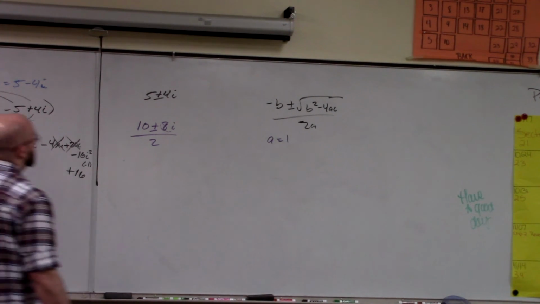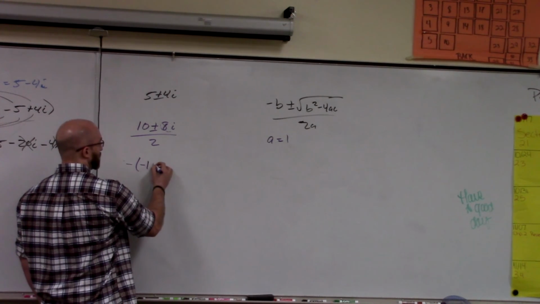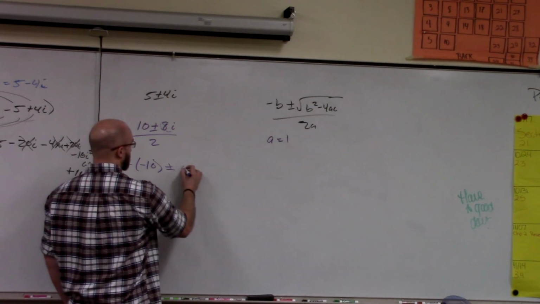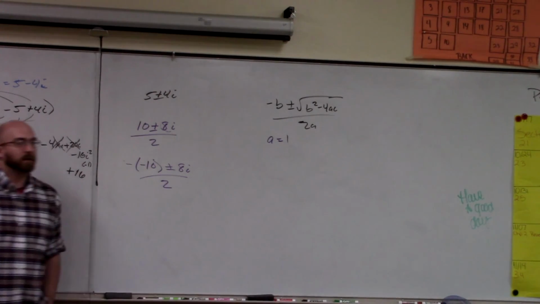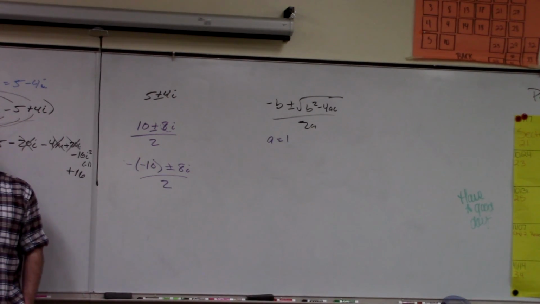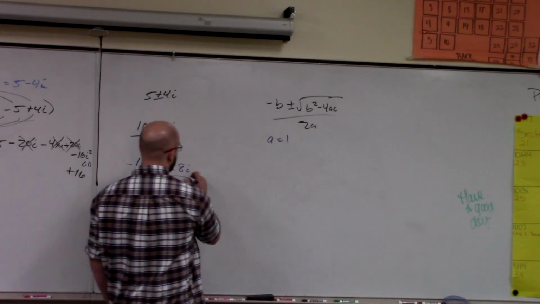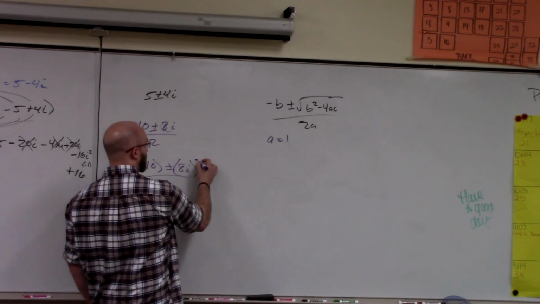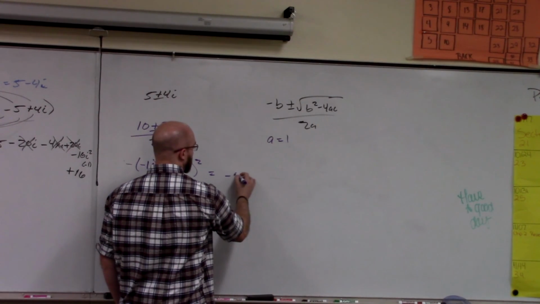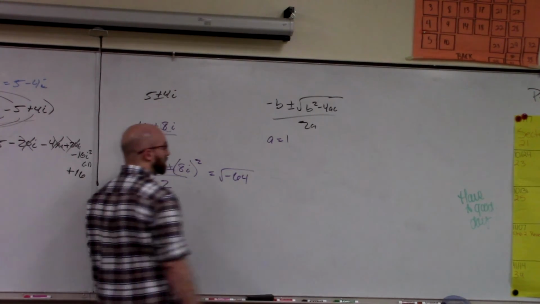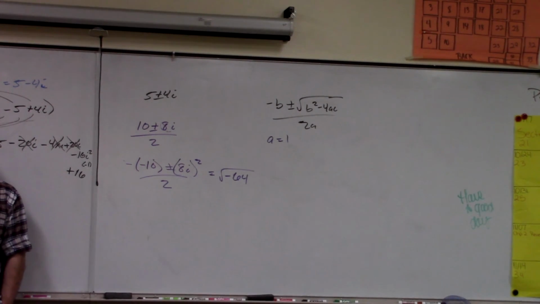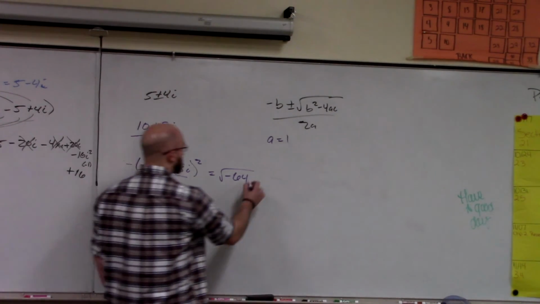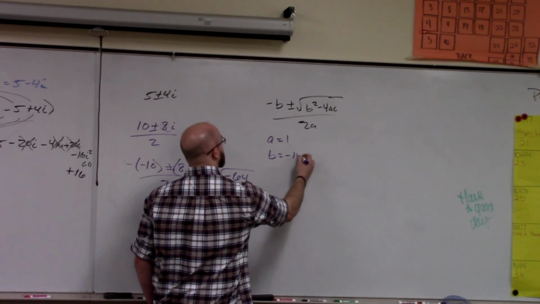So, right there. And you have to go backwards with the 4i. So you technically square that, and that equals negative 64. But you have to go backwards, unsquare root it. Now you set this, and also you establish your b is negative 10.